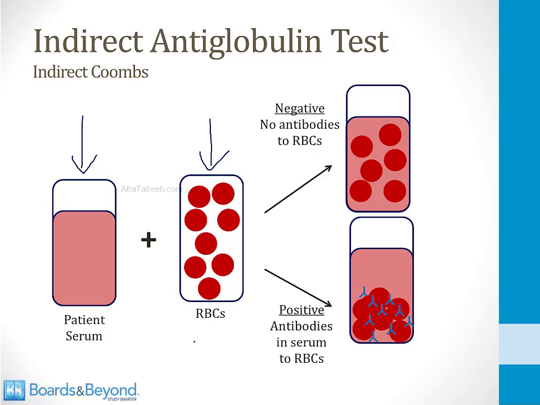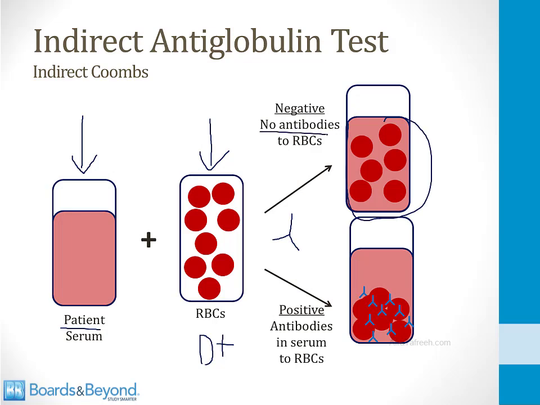So if you're going to use the indirect antiglobulin test to screen the mother for antibodies, what you do is begin with the mother's serum and you add it to red blood cells that are positive for the D antigen. Once you do that, you then add anti-IgG antibodies. These are the same type of antibodies we talked about using in the direct antiglobulin test. If everything swims around happily together, this is a negative test.